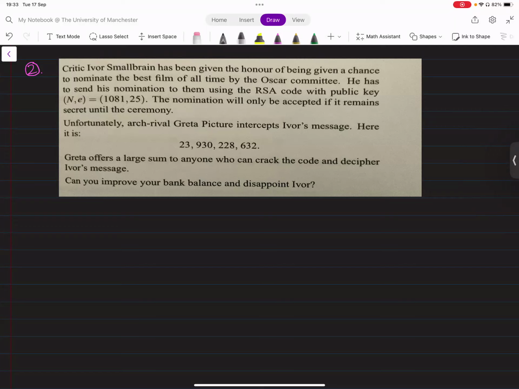The nomination will only be accepted if it remains secret until the ceremony. Unfortunately, arch rival Greta Picture intercepts Ivor's message. Here it is. Greta offers a large sum to anyone who can crack the code and decipher Ivor's message. Can you improve your bank balance and disappoint Ivor?